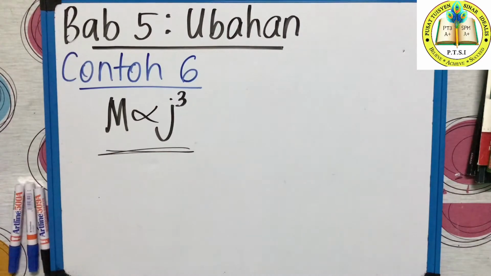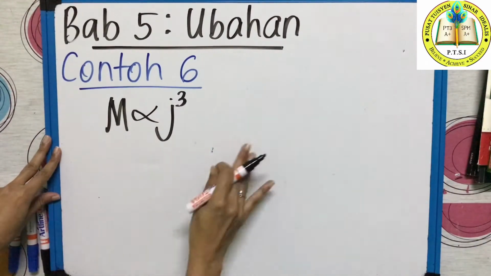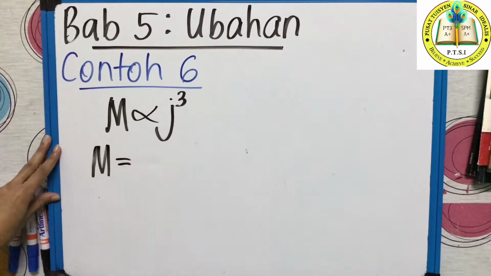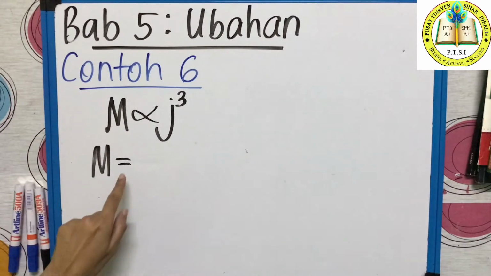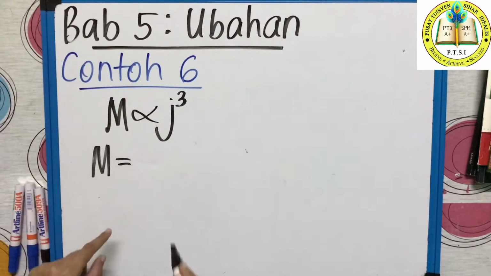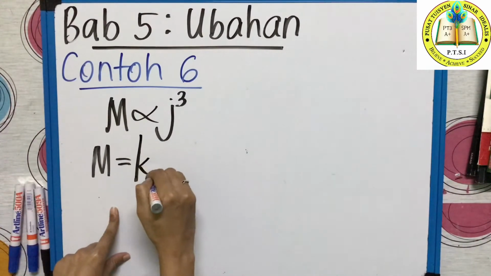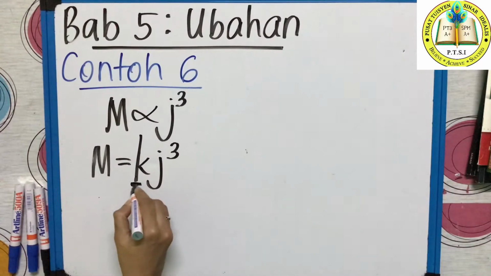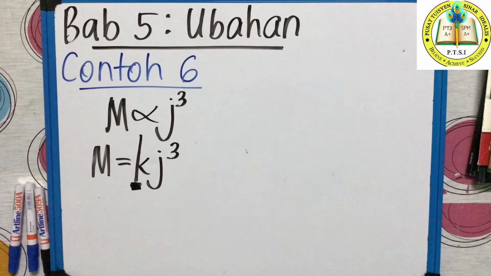What teacher will do? I will change it into, yang ini ya, cikgu tukar kepada M sama dengan. I change this variation to equal. So M equal, teacher put a small k J kuasa 3. K ini adalah pemalan.